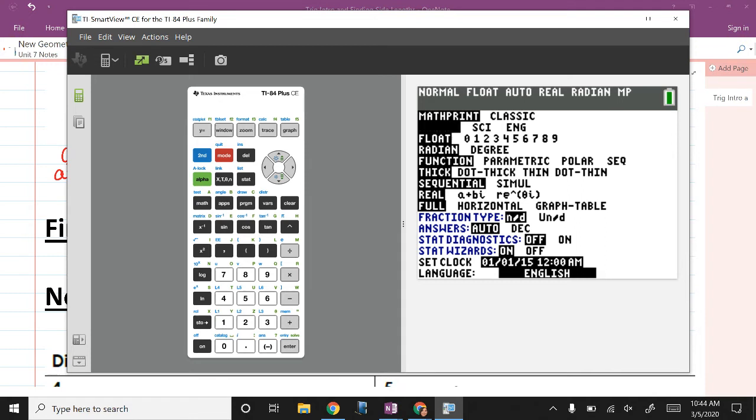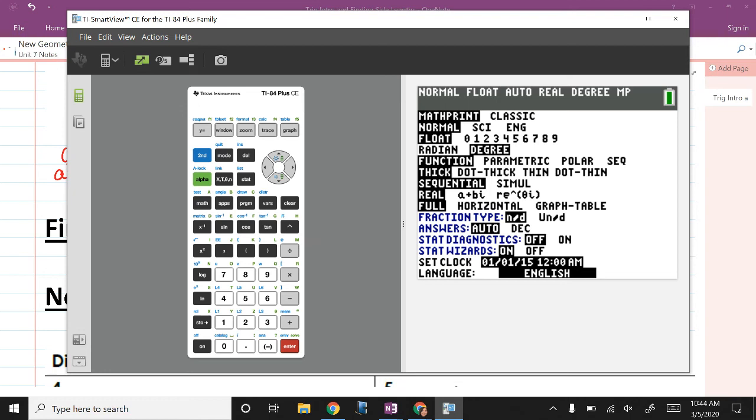Yours might look like mine or slightly different because I've got a color screen up here. About the third or fourth row down, you see something that says radian and degree. We don't want radian. So if radian is highlighted like it is on mine, you're going to arrow down to that row, arrow over to degree, and hit enter, and that highlights degree.